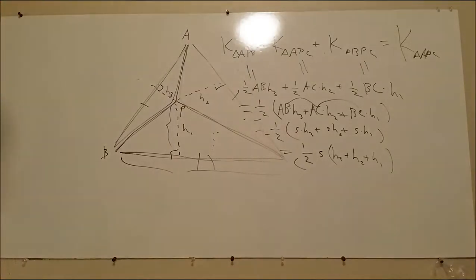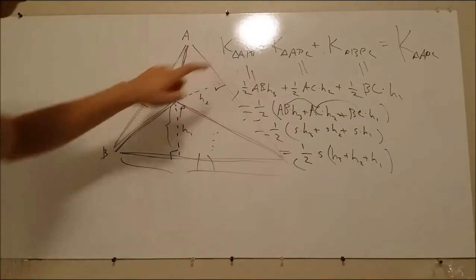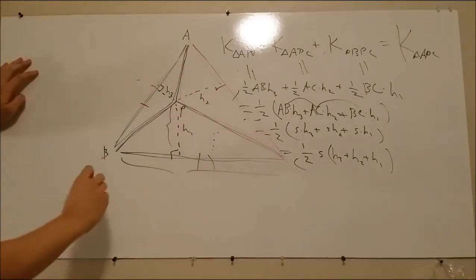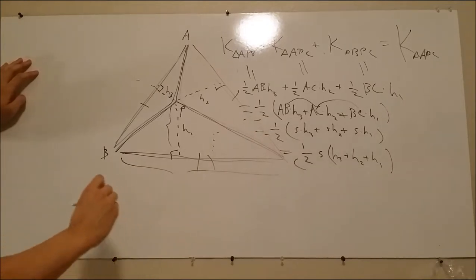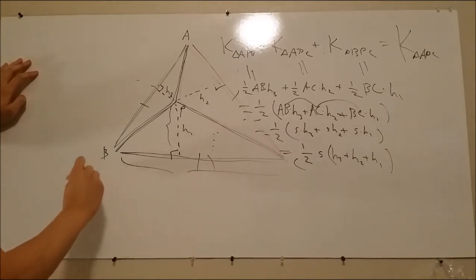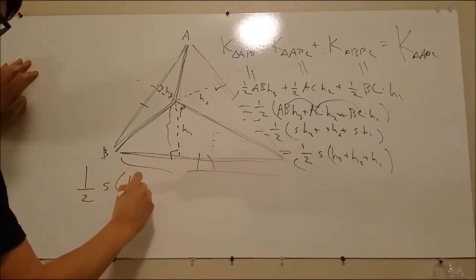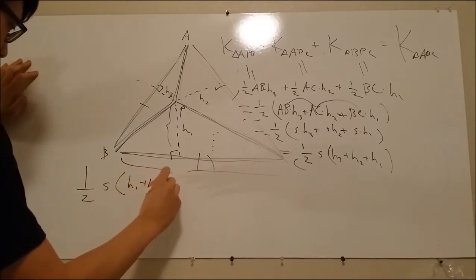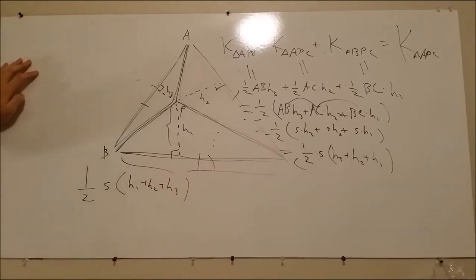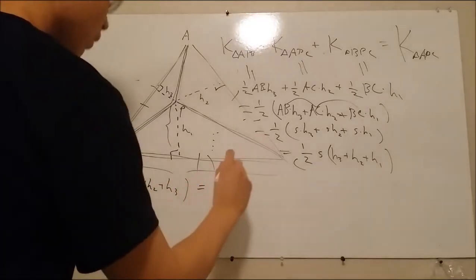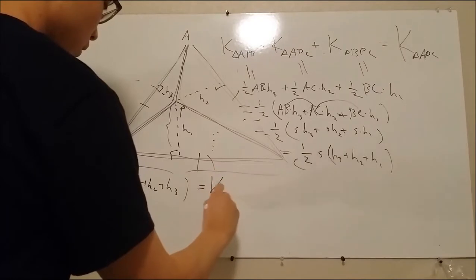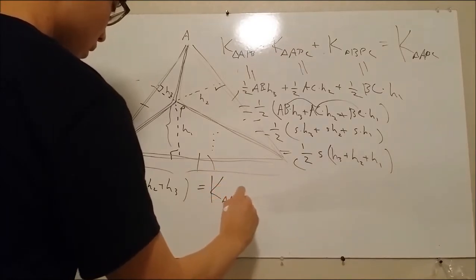Alright? So it turns out that, okay, to summarize, our expression 1/2 S times (H1 plus H2 plus H3) is simply triangle ABC's area.